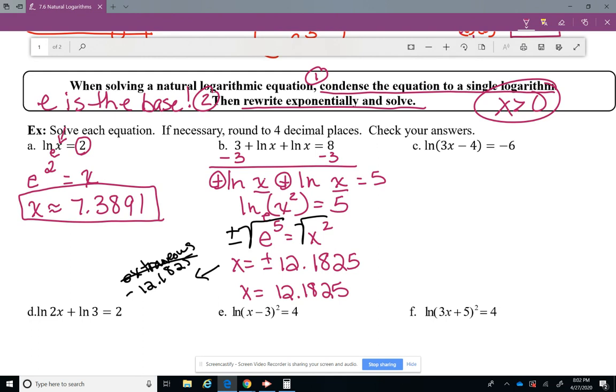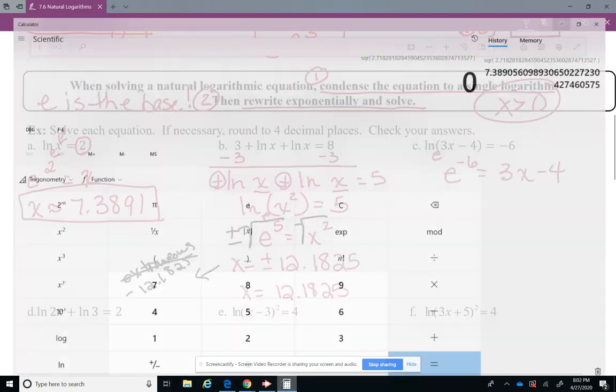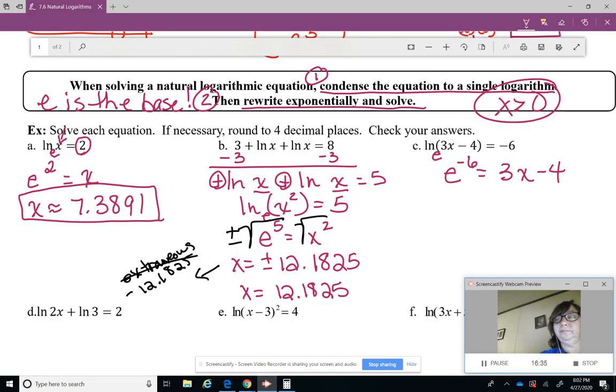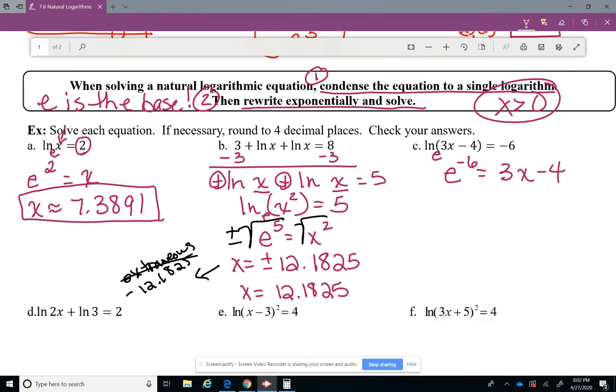The natural log of 3x minus 4 equals negative 6. So remember, you have a little bit of e right here. So you're going to do e to the negative 6 equals 3x minus 4. All right, so remember, you've got to get the x by itself.